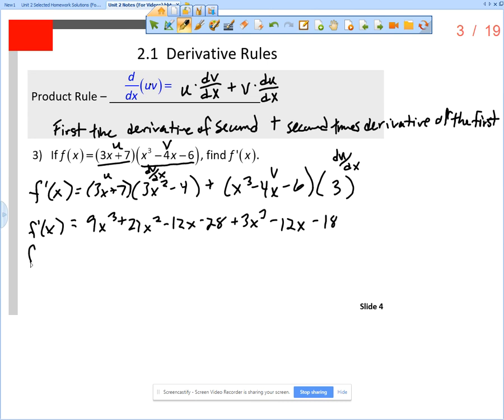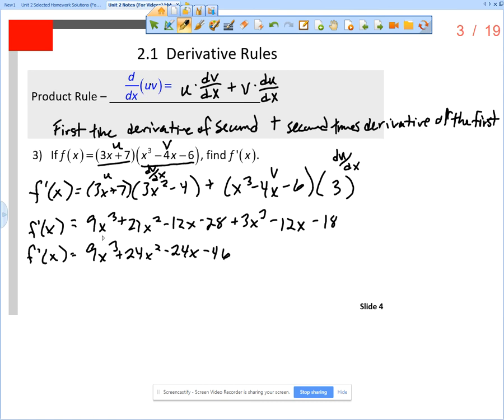So we could technically simplify this further. F prime of x, I have 9x cubed, and then I have a 21x squared and a 3x squared, so plus 24x squared. I have a minus 12x and a minus 12x, so minus 24x. And then I have a minus 28 and a minus 18, so that would be minus 46.